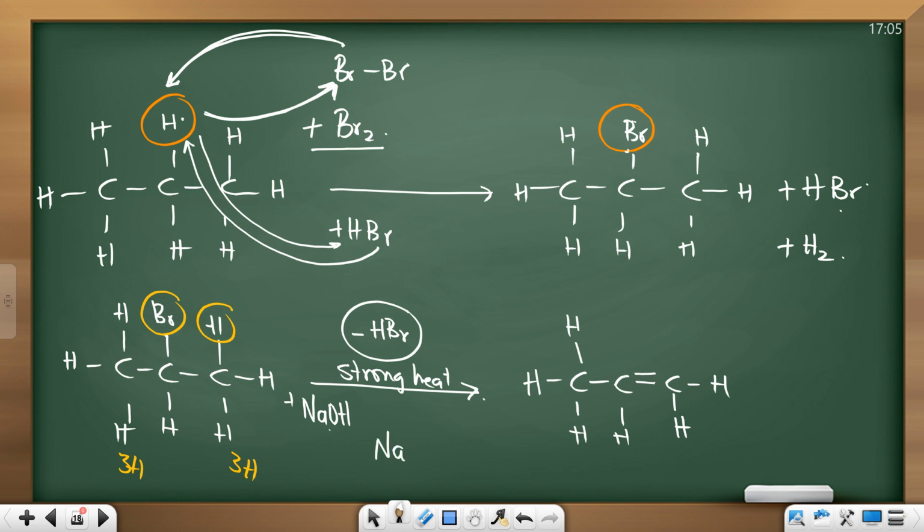Let's break it down. Your NaOH becomes Na plus, OH minus. Your HBr becomes what? H plus, Br minus. Positive will attract what? Negative. So my Na will attract what? Br. And your H will attract what? OH.